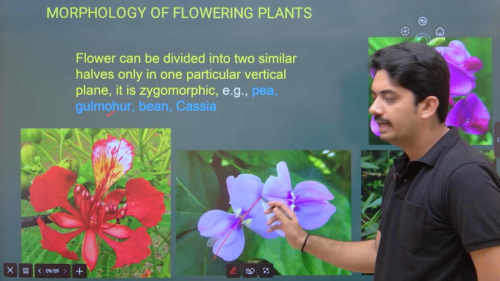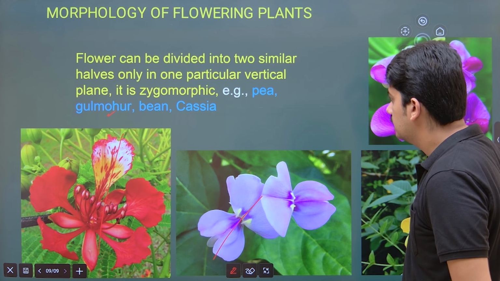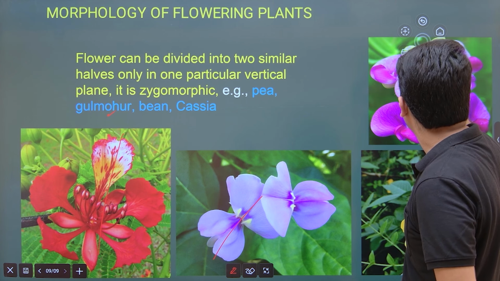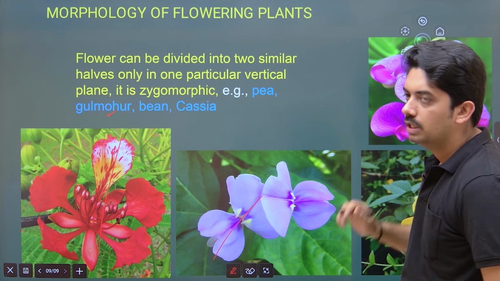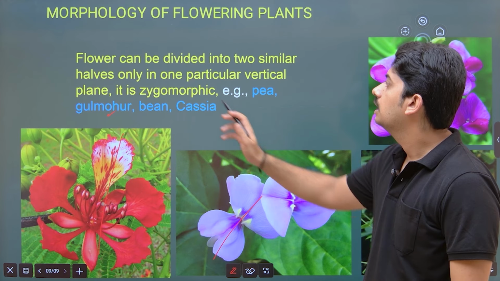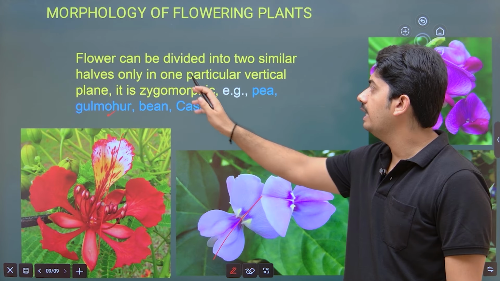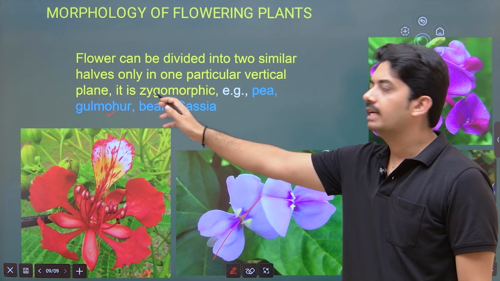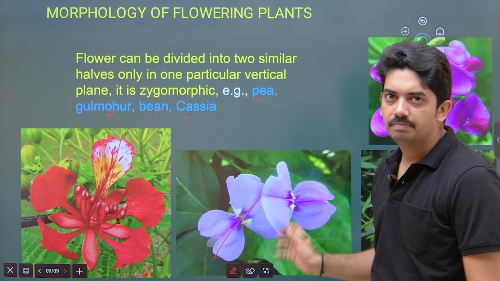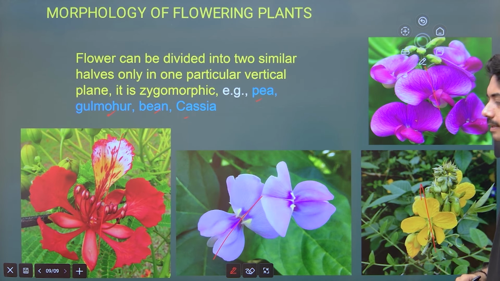Again, in one direction only, you will get equal halves. This is cassia. One more is bean. Here also, in one plane, you will get equal halves, and that is called zygomorphic flowers. A flower that can be divided into two similar halves only in one particular vertical plane is called zygomorphic. Here I have given all the examples with the picture. You can just enjoy this slide.